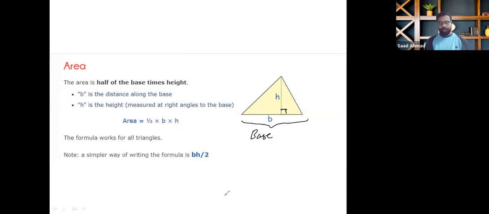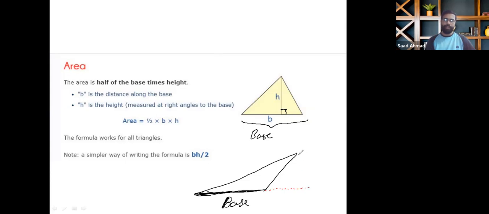Let's say we have a triangle which looks like this. Let's say we consider this as the base. Then what should be the height? In this case, if we want to find the height, we would have to extend this line like this.